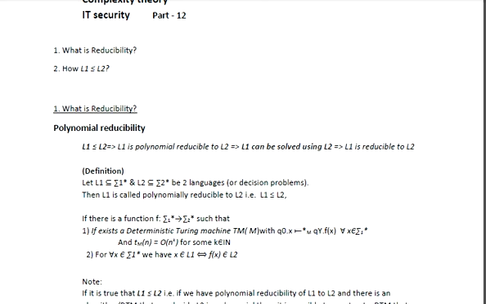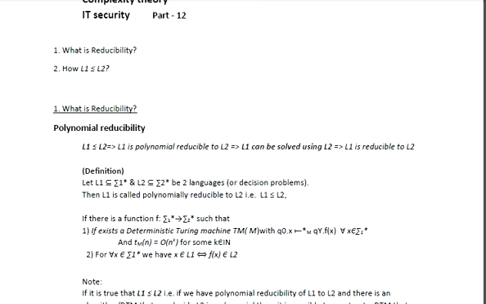Let's say L1 is a subset of sigma 1 star and L2 is a subset of sigma 2 star, and both are two languages, or you can say two decision problems.